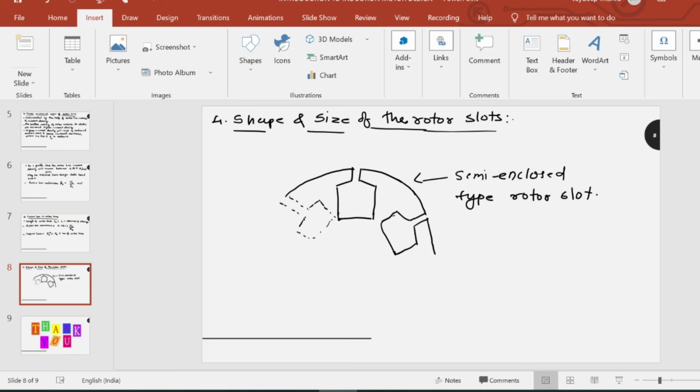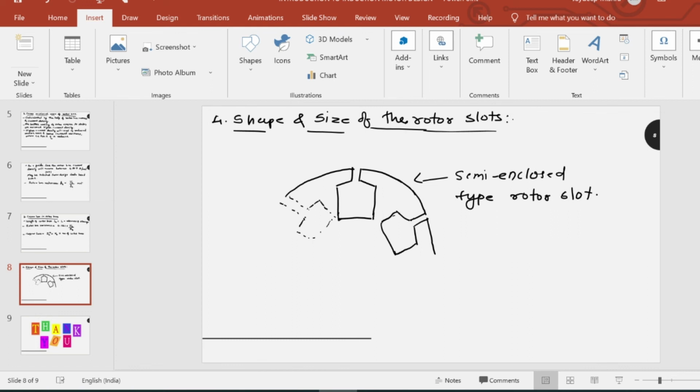Second point is reduced noise as the air gap characteristics are better. Third point is increased leakage reactance. Fourth point is reduced starting current. Fifth point is overload capacity is reduced. Sixth is undesirable and complex air gap characteristics.